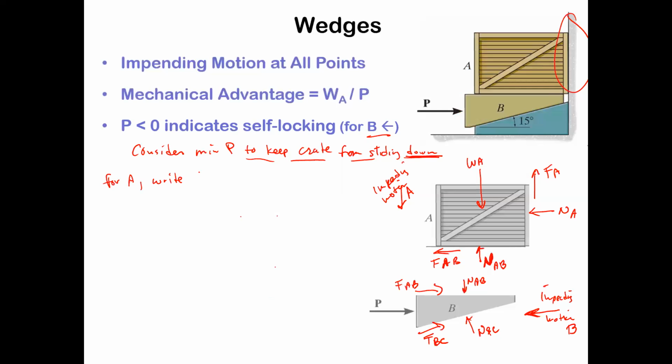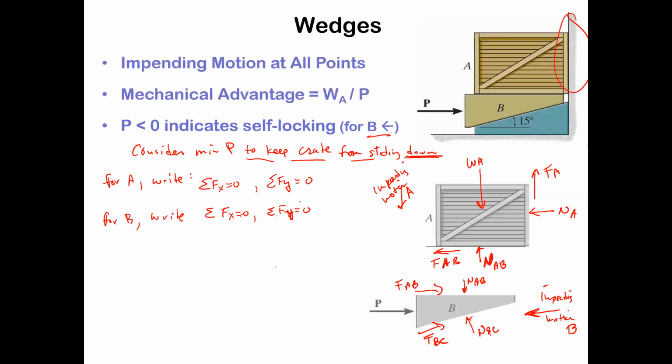For A, we write the sum of the Fx equals 0 and the sum of the Fy equals 0. For B, we also write the sum of the Fx equals 0, the sum of the Fy equals 0.